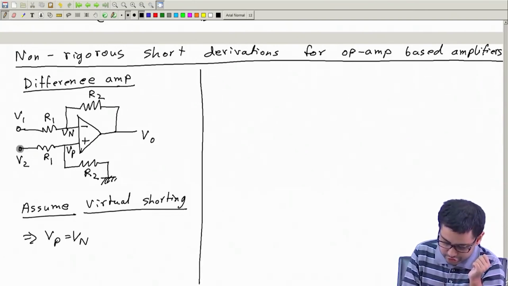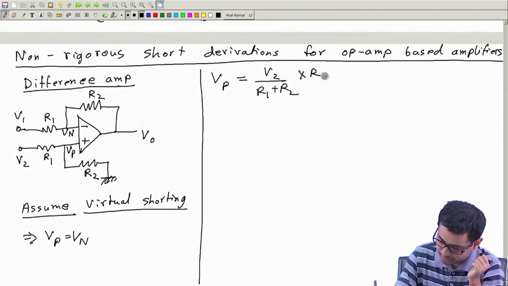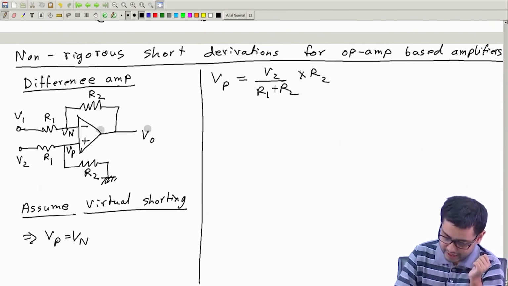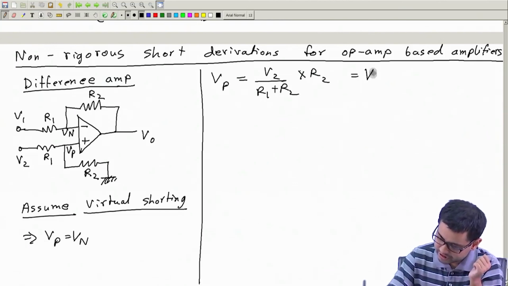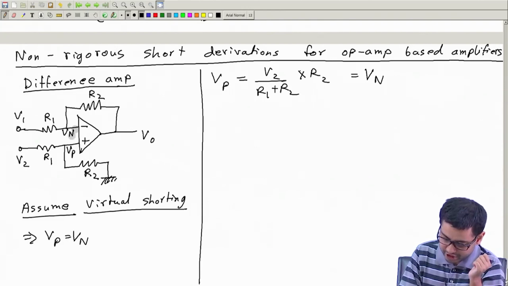Okay, so if this is V2, then this point, using the potential divider rule, I can write directly: V2 divided by R1 plus R2 multiplied by R2, and then this should be the same as Vn because of this assumption. So this is equal to Vp. Okay, fine. Now Vn is how much?